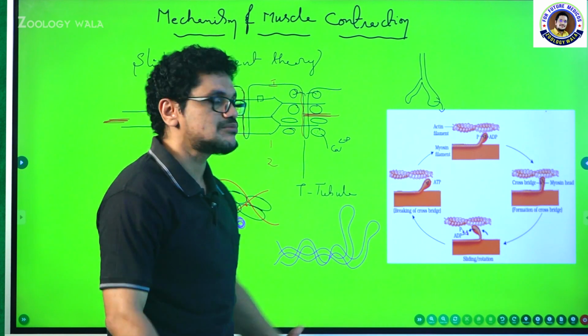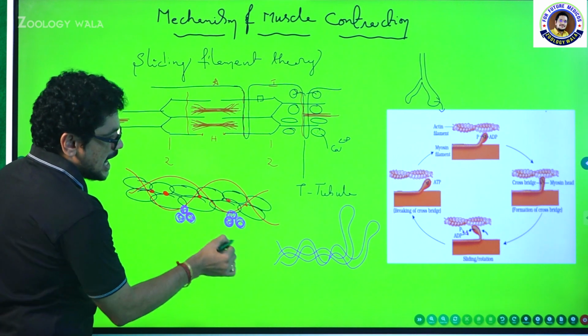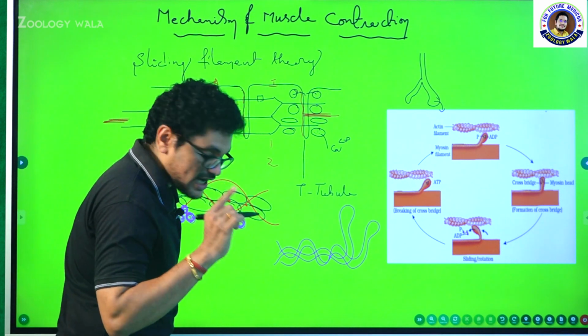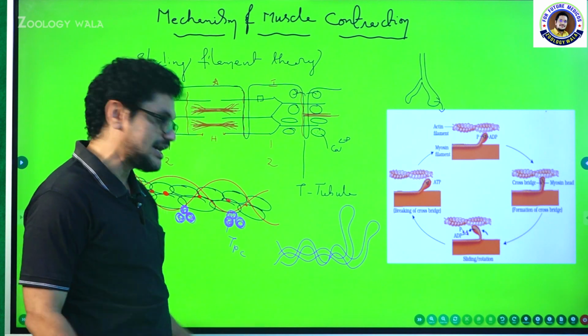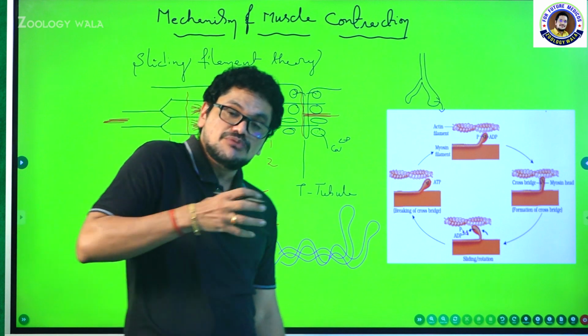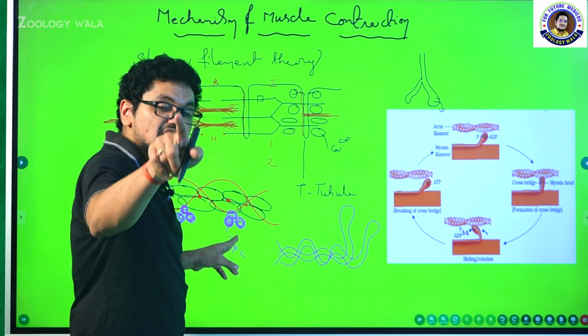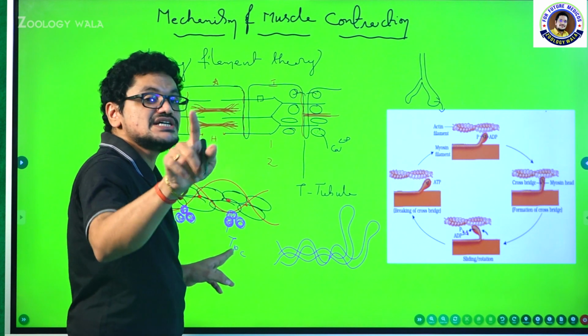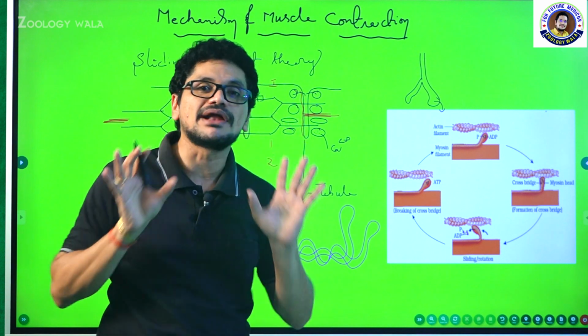Cisternae releases the calcium ions into the sarcoplasm. I already told you in the last class, among these 3 subunits, one subunit, this is TnC, meant for calcium ions. When calcium ions reach this TnC site, I told you in previous sessions, TnC is the guest house for calcium ions. Guest house means only calcium ions live temporarily there.